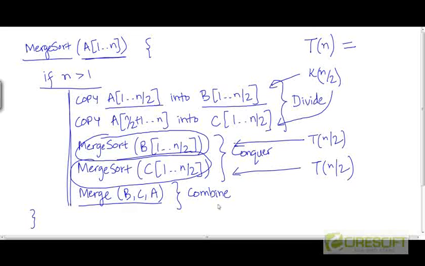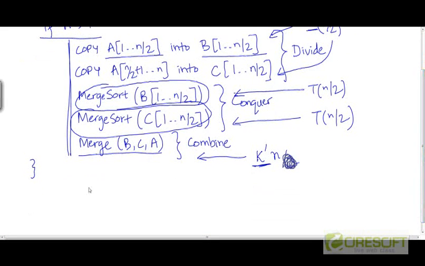And so the time it takes to combine together the solutions to these two subproblems is some constant k prime multiplied by n. I'm deliberately choosing a different constant here from the constant over here because they need not be the same.